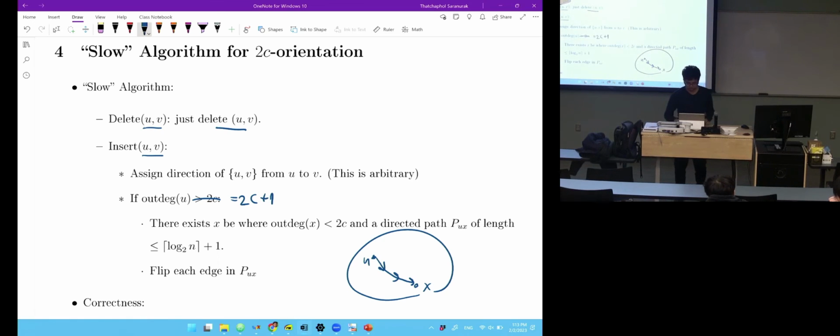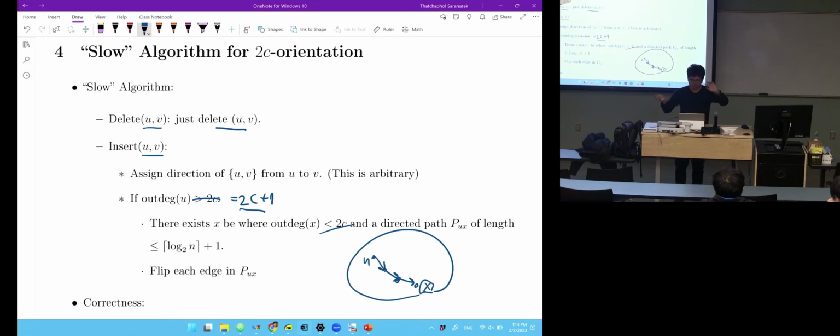So what happened to U? Now the outer degree of U becomes 2C. The outer degree of X will increase, but still at most 2C, because it used to have less than 2C. How about the outer degree of everyone else on the path? They stay the same, you just change the direction.